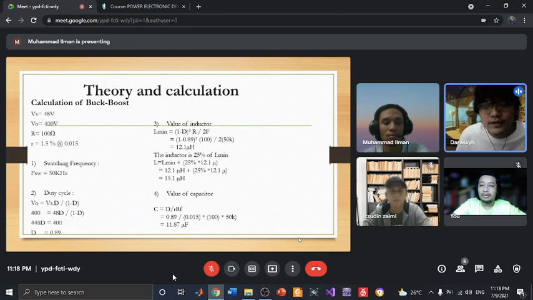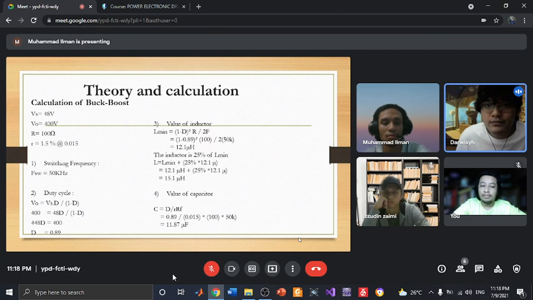Okay, this is the calculation of the buck boost. For Vs we have 48 volt, Vo we have 400 volt, resistance we have 400, and the ripple is 1.5%. Okay, we use switching frequency of 50 kilohertz, and we calculate the duty cycle, and we will get 0.89. And the third step, we calculate the value of the inductor.